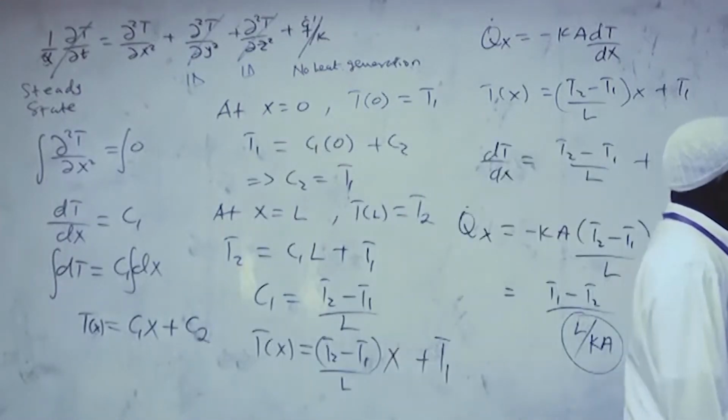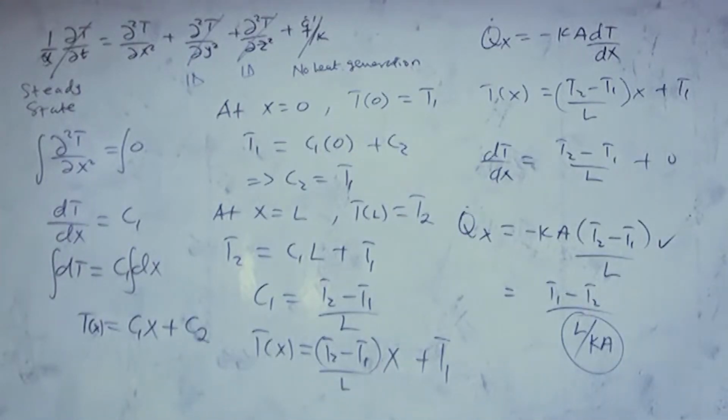Now at x equals 0, we will have T1 equals c2, and at x equals L, then again T2, so c1 becomes equal to the whole of this.